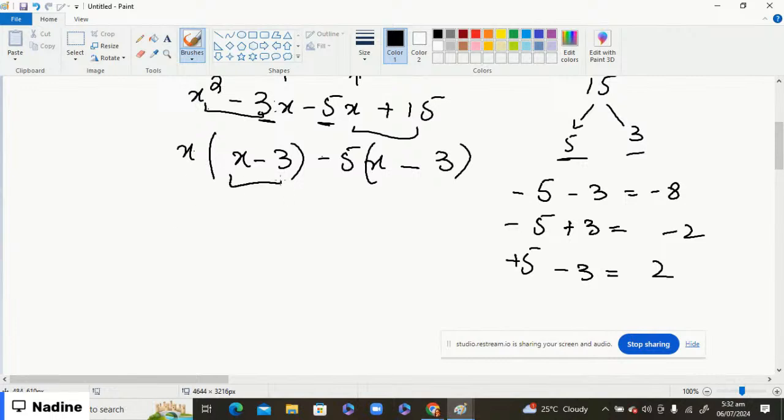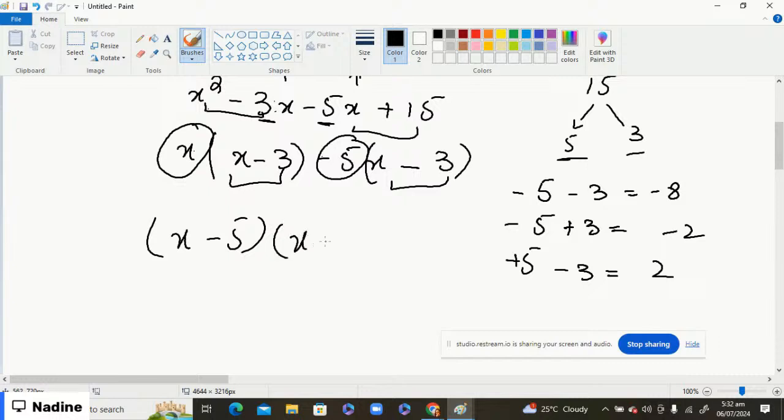If these two brackets are the same, the numbers inside the bracket are all the same, then we can say that our question is right. Otherwise our question is not right, and we solve it again. So we write it like this: x minus 5 in one bracket, and x minus 3 in the other bracket.